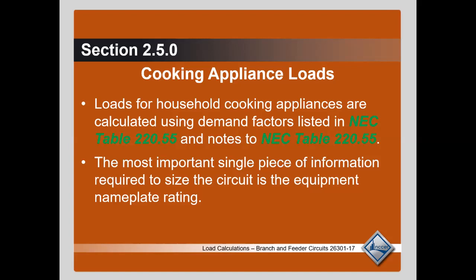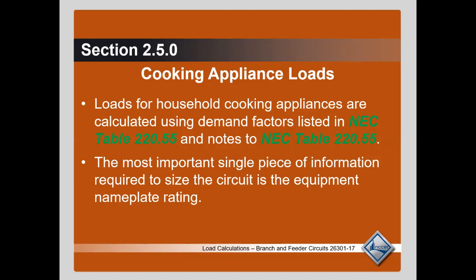So if you have one appliance, or one range, and if you read up there, it says demand factors and loads for household electric ranges, wall-mounted ovens, counter-mounted cooking units, and other household appliances over 1 3/4 kW rating.